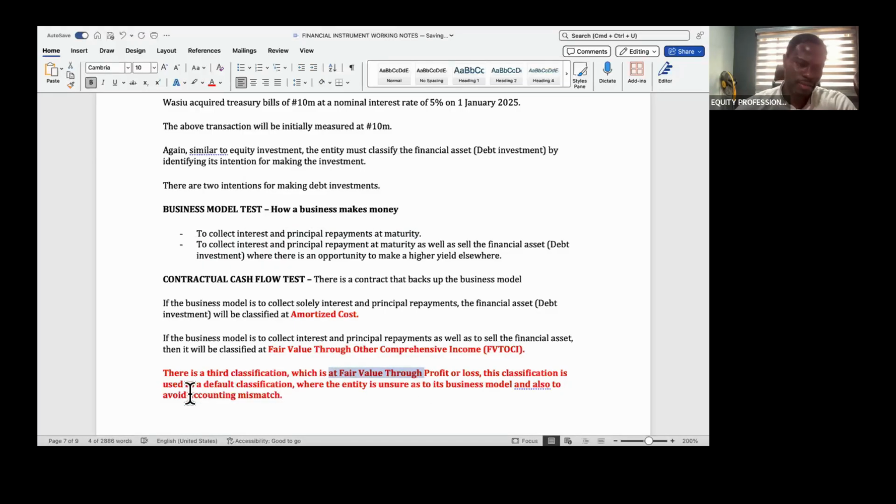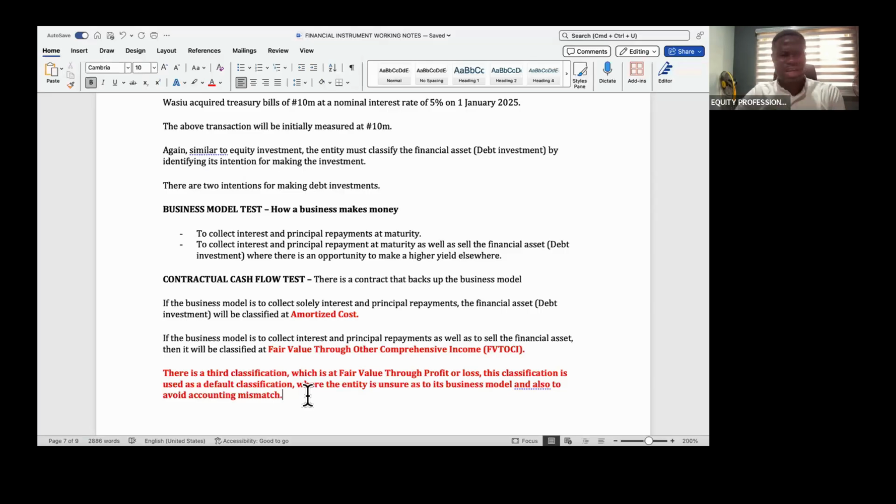And also when you have a portfolio of financial assets, and most of it is classified at fair value through P&L, you can just decide, in order to avoid mismatching this portfolio or this investment that you have, in order to ensure consistency, to classify this one also as fair value through profit or loss.